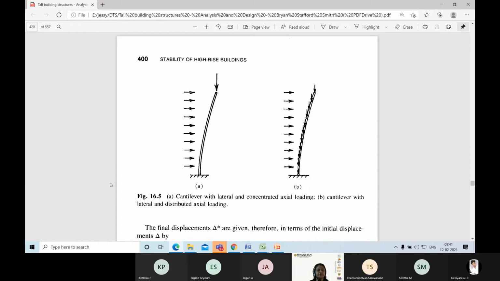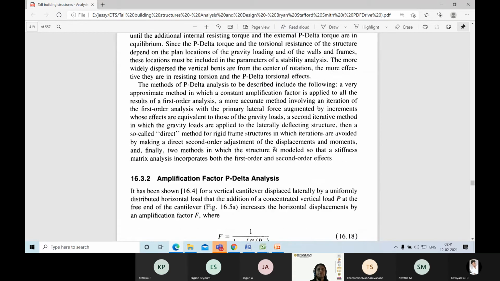Cantilever with lateral and distributed axial loading: this axial loading is distributed at each floor, so at every floor there is a horizontal displacement. So P into delta 1 plus P into delta 2 plus P into delta 3, and so on. The entire moment is finally added up and accumulates at the bottom of the structure.